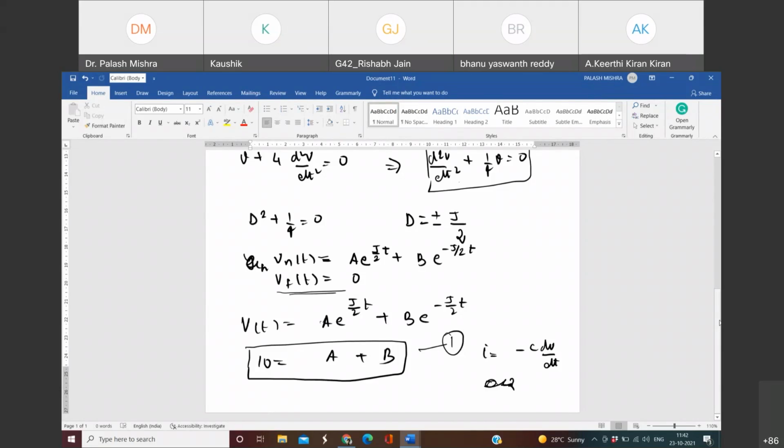Your second equation will come out to be A equals B. So A minus B equals 0. This is your second equation. Please tell me the values of A and B. A will be, I think, 5, right?